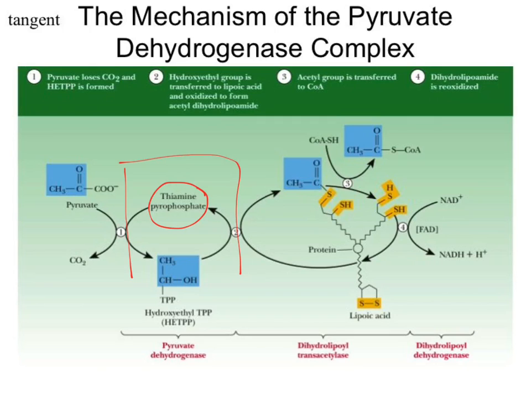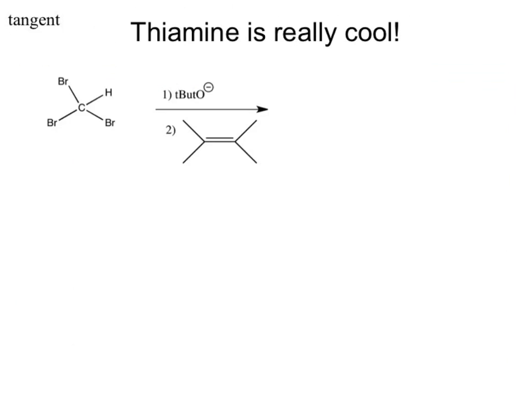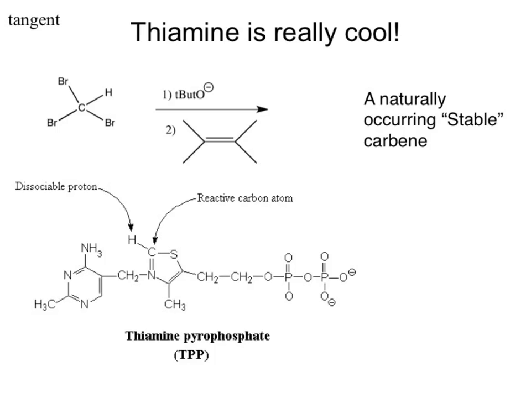Thiamine pyrophosphate is an interesting cofactor. Why is it interesting? If we take a look at its structure, if I remove the hydrogen, that carbon then becomes negatively charged with a lone pair.